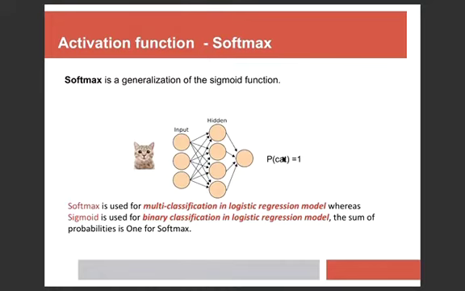If the output is 1, the input image is a cat, otherwise the output is 0, and we decide that it is not a cat. So in practice, the sigmoid function can only be used for binary classification, while the softmax is used for multi-classification models.